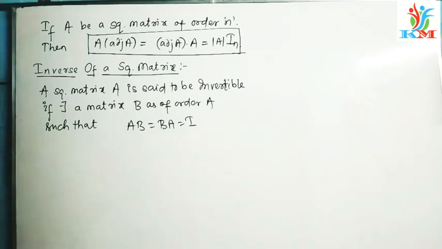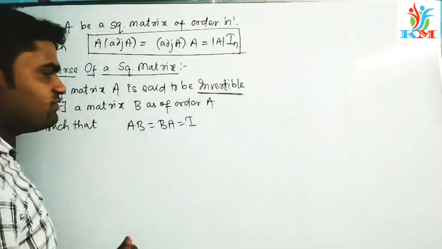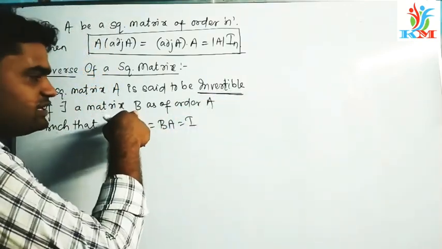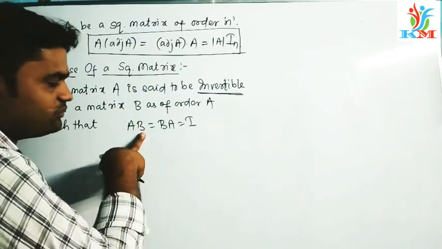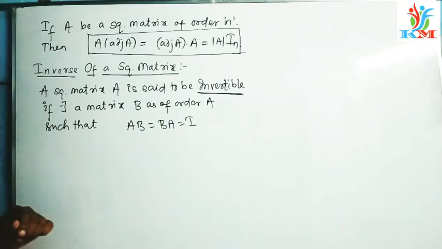That means a square matrix A is invertible, that is, the inverse of A exists, if we find a matrix B such that A multiplied with B, or B multiplied with A, is equal to the identity matrix.